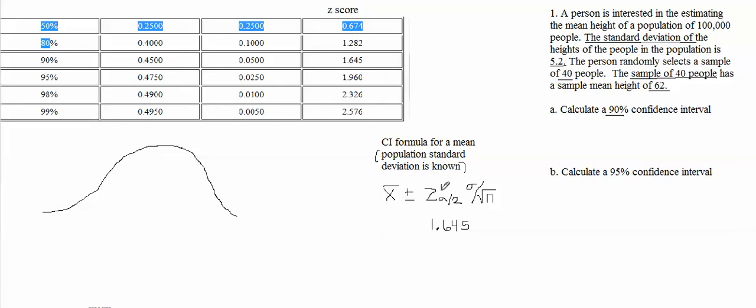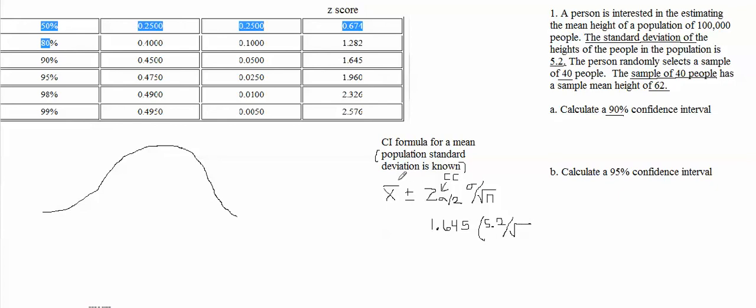I could label this as confidence coefficient with a CC. And then this right here is the population standard deviation. In the question it says that it's 5.2. And we're dividing it by the square root of n. N is 40, because I'm saying that we have a sample of 40 people.